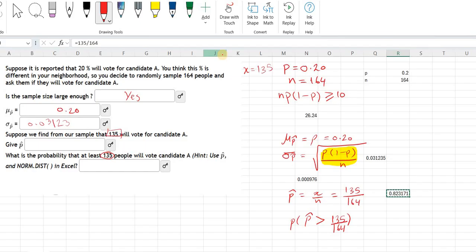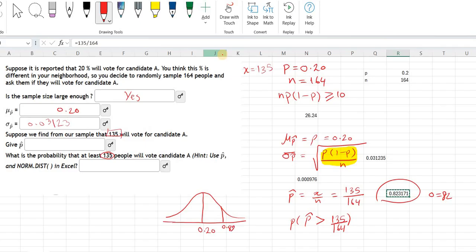If I want to graph it, here is the normal distribution curve. And I know that the population proportion is 0.20. And I want to look for whether more than 135 people out of the 165 voted for candidate A, and that is this proportion right here. So 0.82, if I round it to 2 decimals, is approximately here.